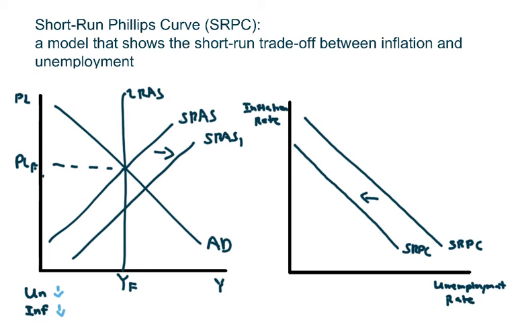So the rule here would be that if SRAS moves to the right, SRPC moves left. It moves in opposite directions, because that's the only way you can show unemployment and inflation both decreasing: you have to move the curve to the left. You can't move along the curve, because if you do, one's going to go up and one's going to go down. So that's just another way to think about it.